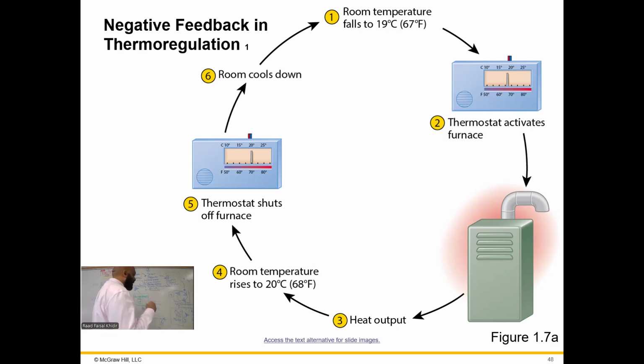Excellent. Then the other effector organ is going to be my skeletal muscles. And my skeletal muscles are going to receive electrical stimulation from my hypothalamus to do an action potential. And then the action potential is going to cause shivering of my skeletal muscles. And then the shivering is going to convert for me ATP.